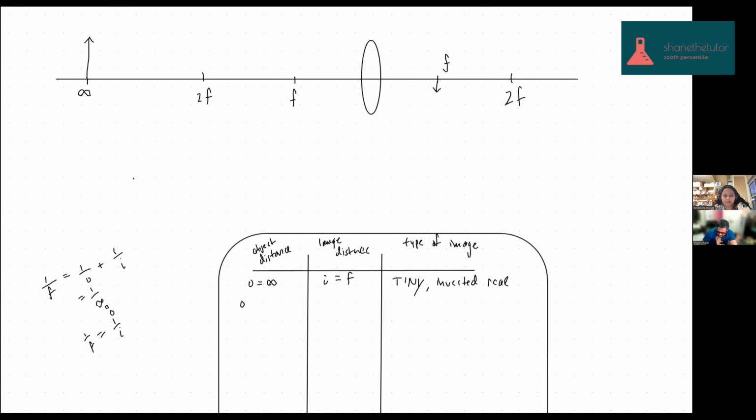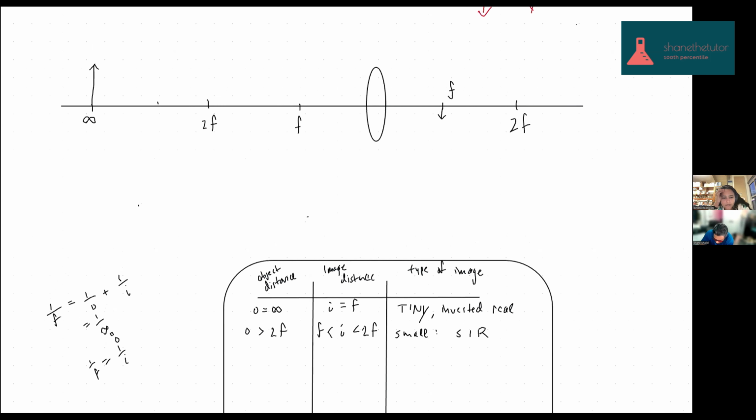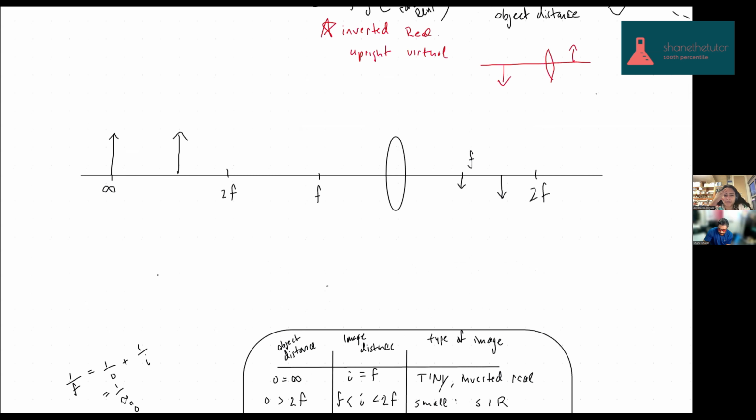So SIR, small inverted real. So if I had something like this, that's object distance beyond 2f, and the image would be between f and 2f and small, but not as small as the tiny one, right? I'm going to make these images larger just to make it more exaggerated.